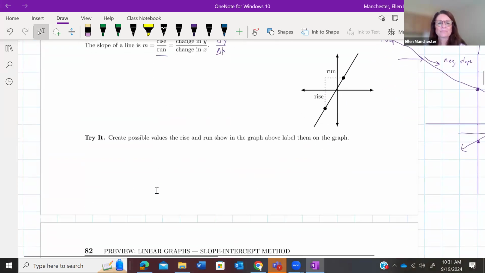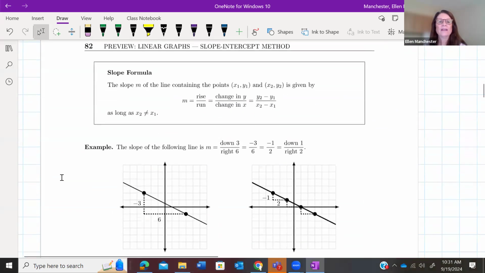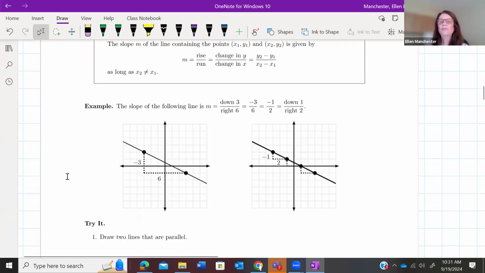Okay? All right. So here is our slope formula. This you will need to have in your notes for sure. The slope formula is the difference in y's divided by the difference in x's. If you remember our very first week, we talked about ratios, comparing. That's all you're doing.